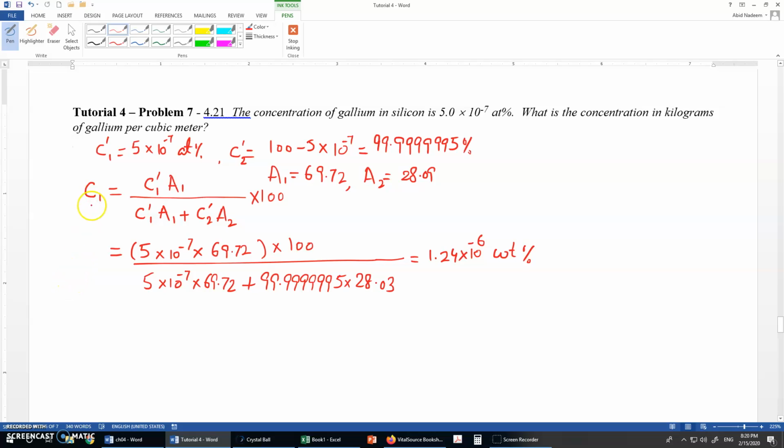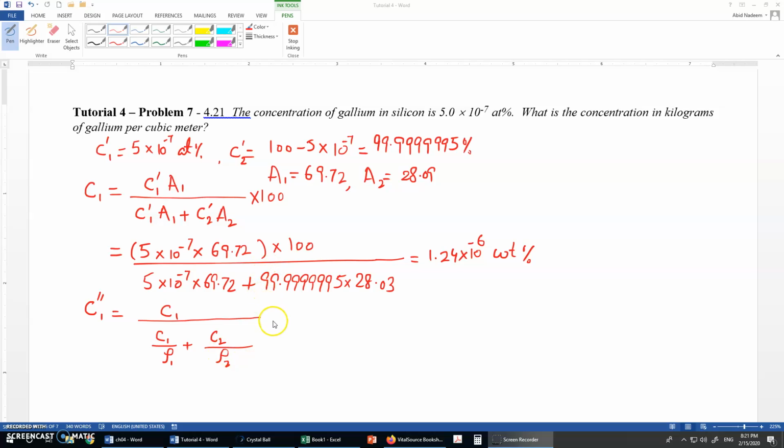So this weight percentage can be converted into kilogram per cubic meter by this expression. C1 double prime will be equal to C1, this percentage, divided by C1 over rho 1 plus C2 over rho 2, where rho 1 and rho 2 are densities.